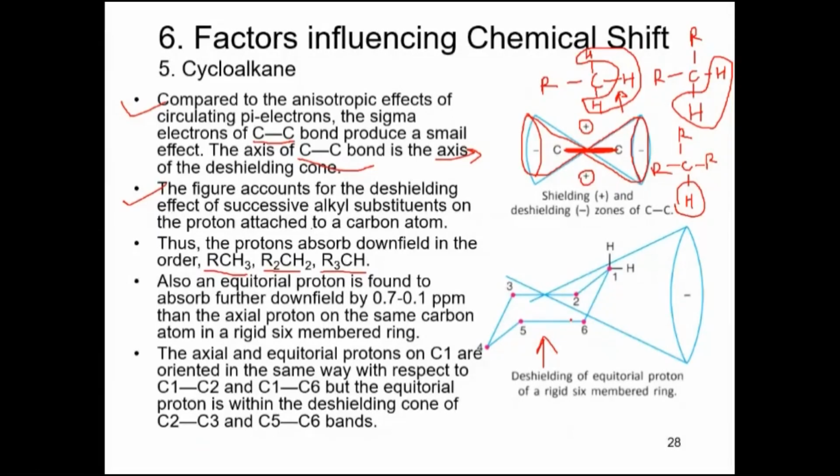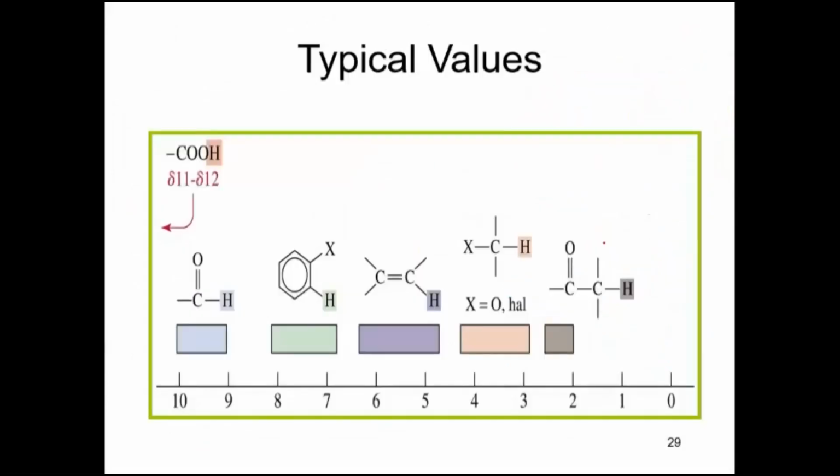So overall, the equatorial hydrogens will lie in the deshielding region, and all the hydrogens present axially will lie in the shielding region. They will be shielded. With this shielding and deshielding, you may observe this schematic diagram to see in which region which functional group will give the signal in NMR spectroscopy.